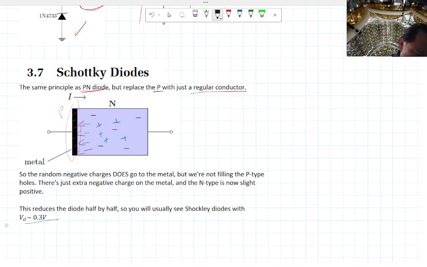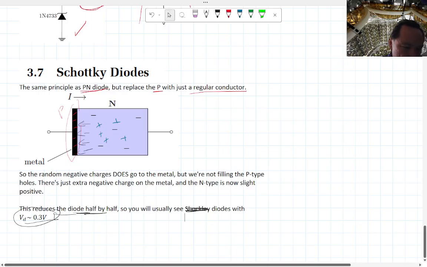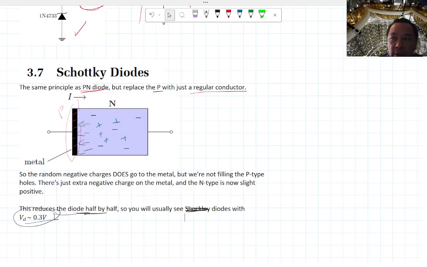So this usually cuts the diode drop by half. The voltage drop across Schottky diodes is usually about half of what you see in PN diodes. I think I spelled it wrong. Schottky diode. This is another type of diode that you may see in the future. We're not going to use them in the lab, but just so that you know that they exist.